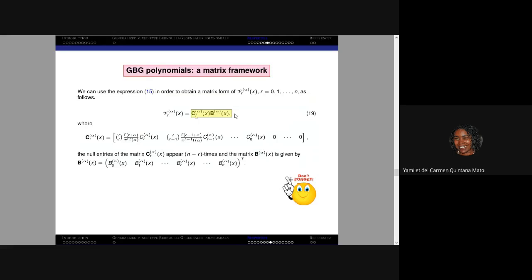The first matrix contains the information related to Gegenbauer polynomials, and the second matrix is the transpose of the vector of the first n+1 generalized Bernoulli polynomials.